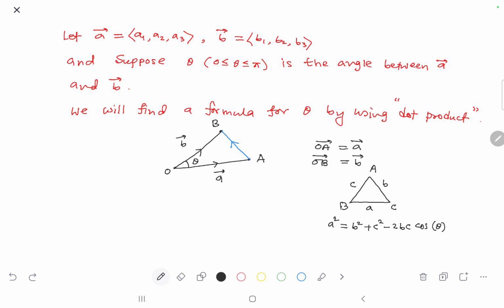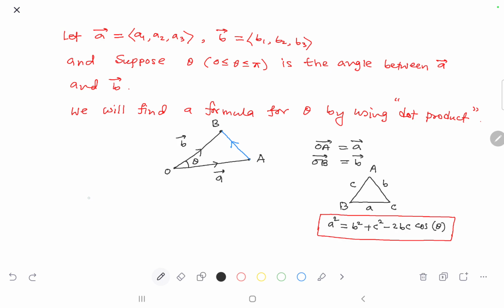Can you remember this formula we did in trigonometry, right? Yes. So let's apply that formula here.